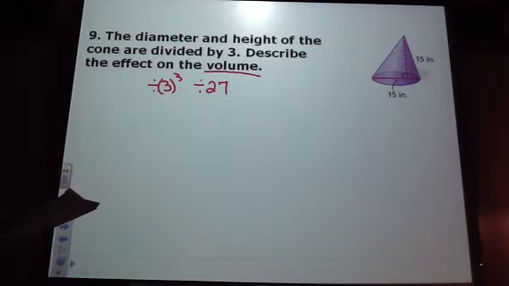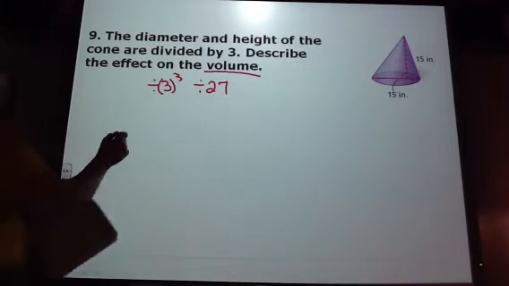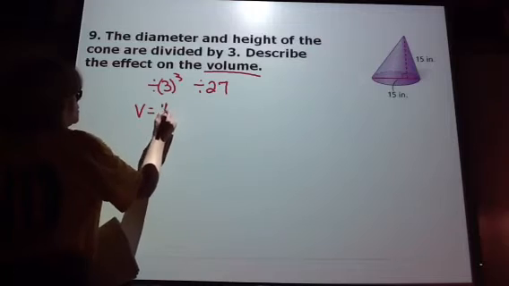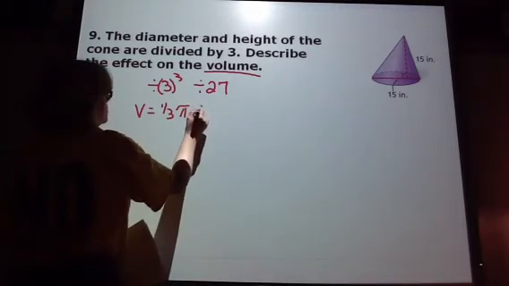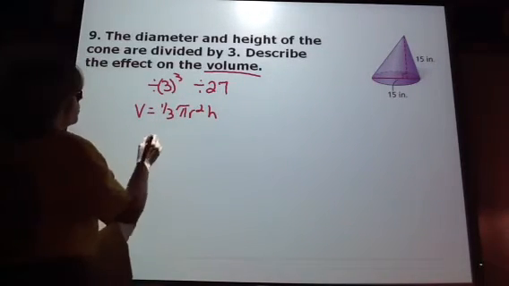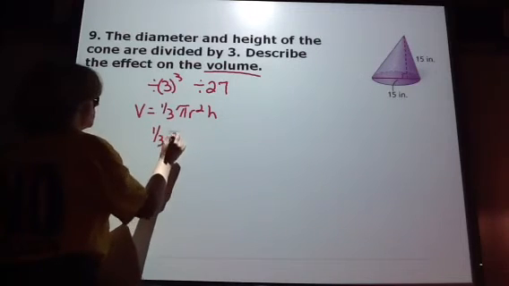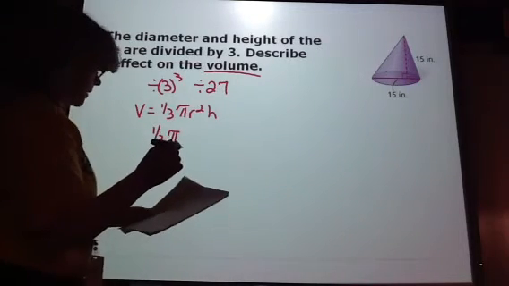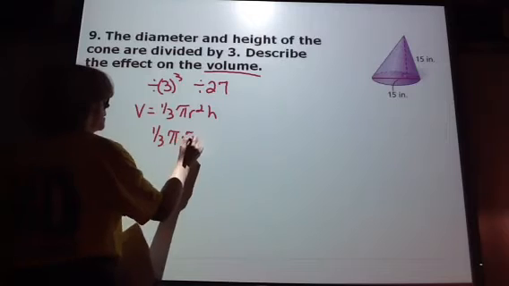Okay, so let's double check. We're going to find the volume of this first cone. My radius is half of 15.